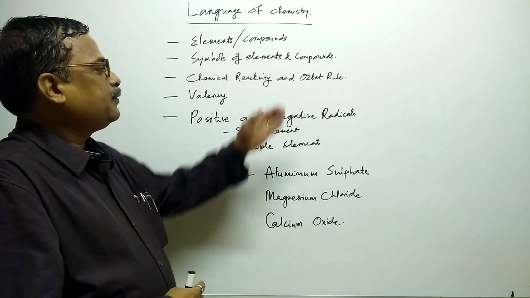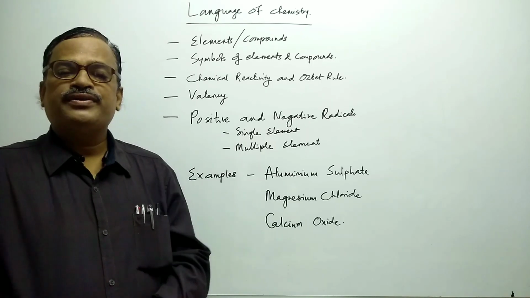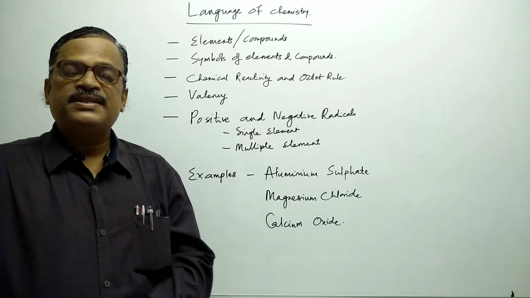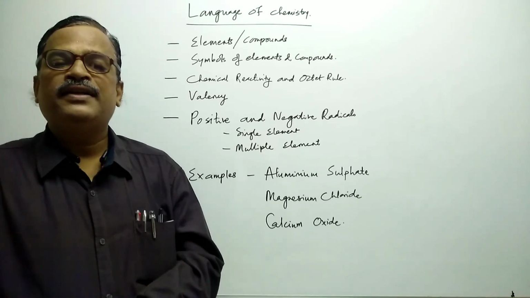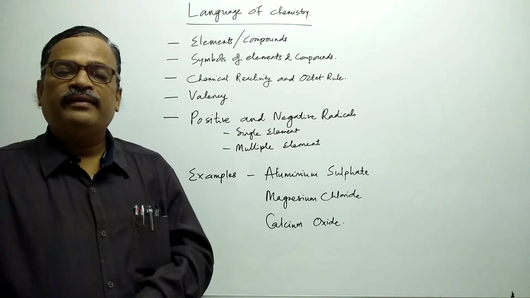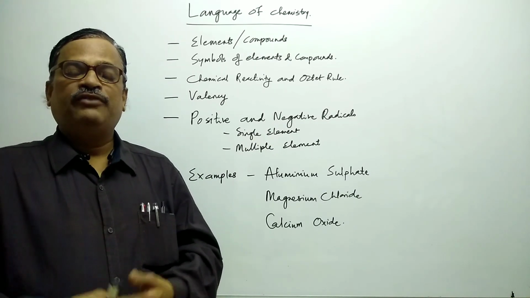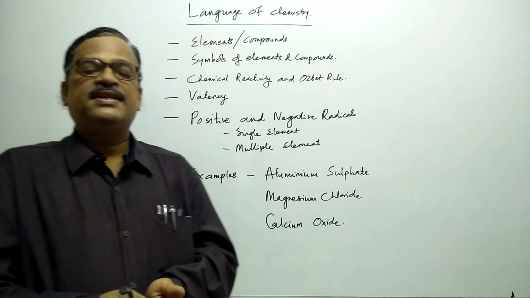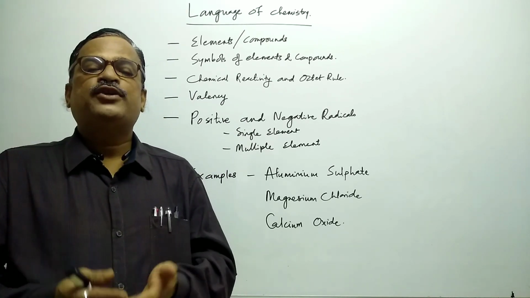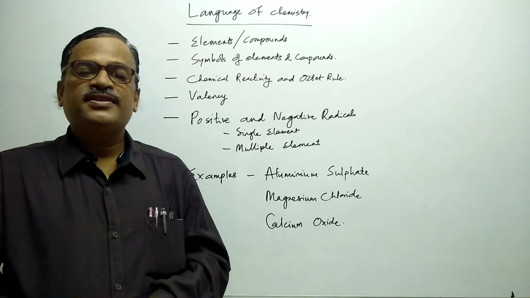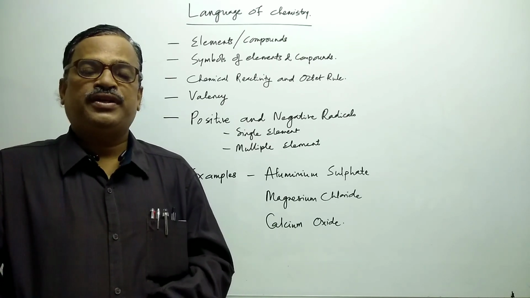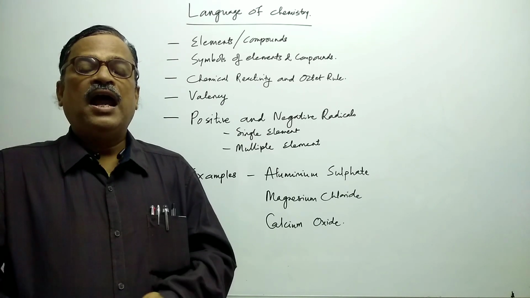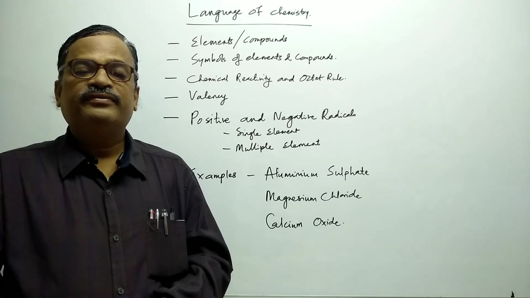How are we going to represent compounds? Compounds are represented by the symbols of the elements from which the compound is made. For example, sulfuric acid is expressed as H2SO4 because one molecule of sulfuric acid has 2 atoms of hydrogen, 1 atom of sulfur, and 4 atoms of oxygen.